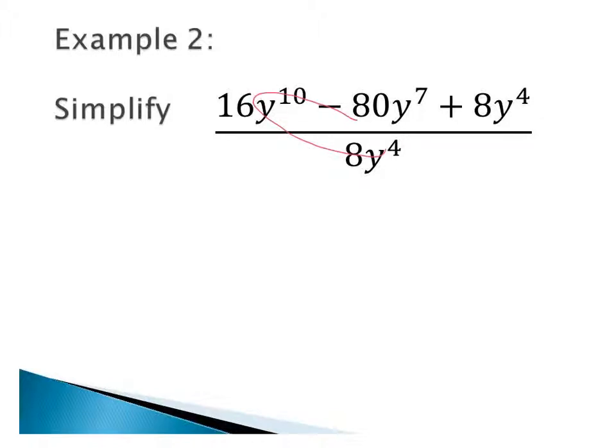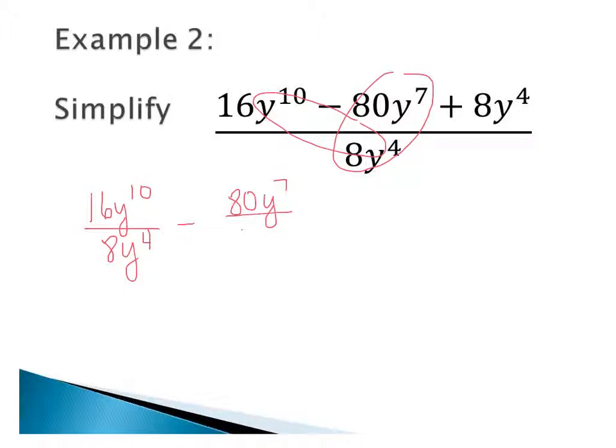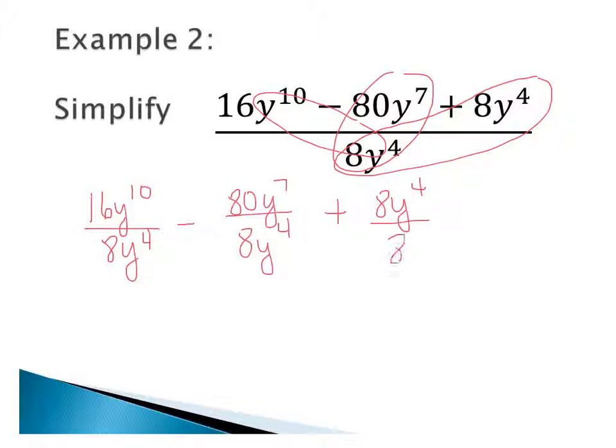We're going to have 16y to the 10th over 8y to the 4th, minus 80y to the 7th over 8y to the 4th. And just carrying down the signs, now plus this third fraction, 8y to the 4th over 8y to the 4th. And now we want to simplify these three.